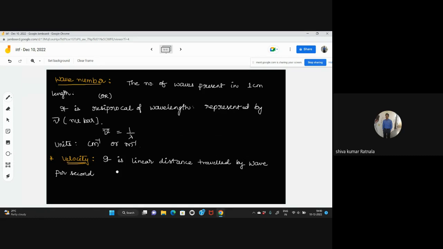And the units will be simply meters per second, or centimeters per second, they will be the velocity units. So these are the general characteristics of a particular wave. From this one, we are having one relation also.